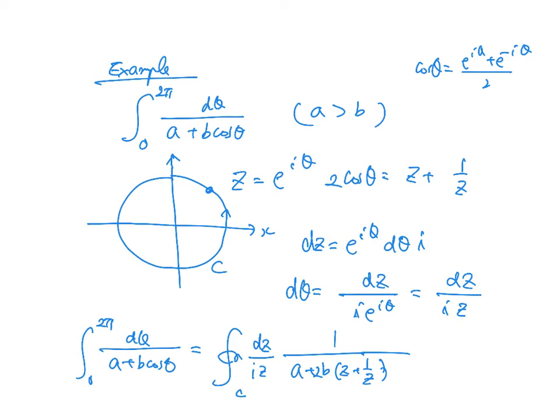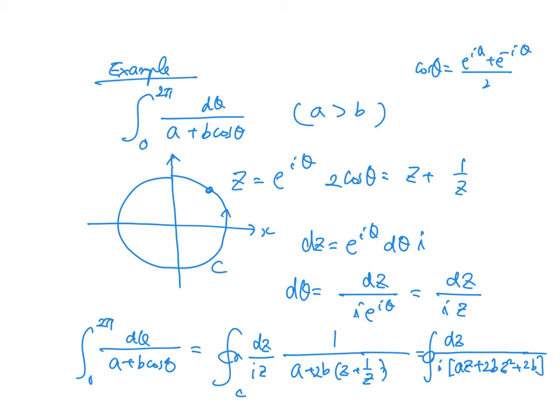He converted the original theta integration into a complex integral, and so dz over i times (az plus b z squared plus b), right?